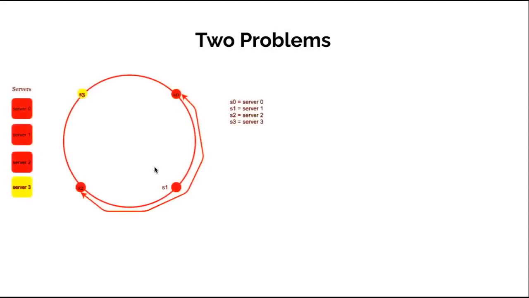Here in the diagram we have our four servers 0, 1, 2, and 3. Now if server 1 is removed, then the partition of server 2, highlighted with this arrow from server 2 to server 0, has become twice the area it was before. Previously, since server 1 was there, it occupied only this much area, but now server 1 has gone.